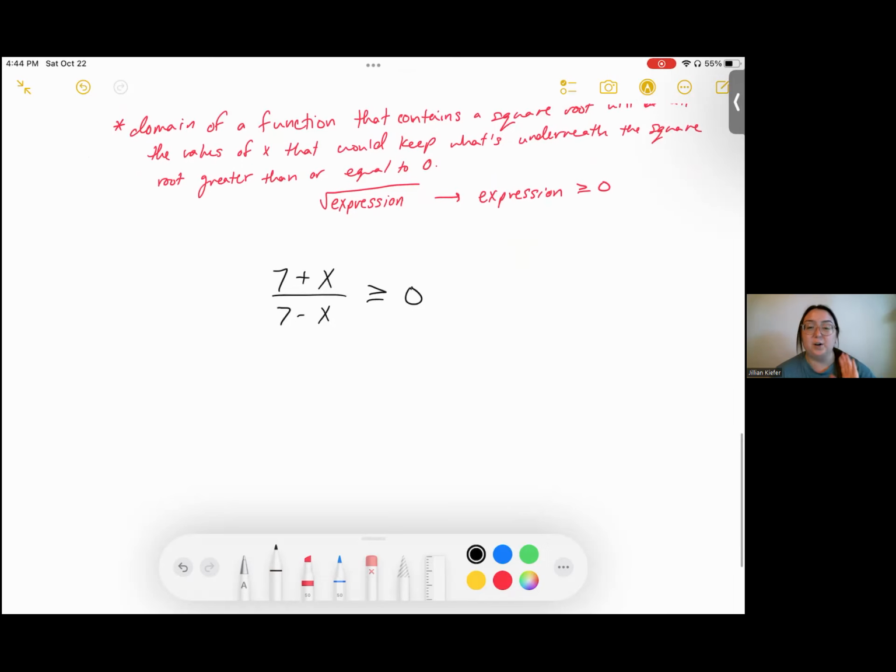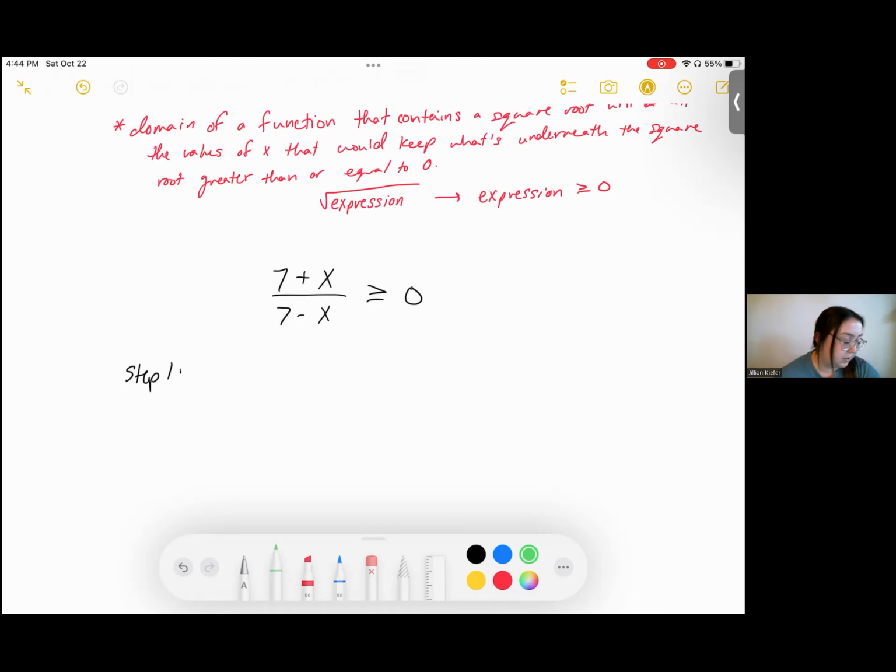All right, now that we've determined the actual problem that we're working on, we're going to use those guidelines that we saw before. Step 1 was to bring everything over to one side. That's already done. We don't need to do anything. (7 plus x) divided by (7 minus x) is all on one side, 0's on the other, so we're good.